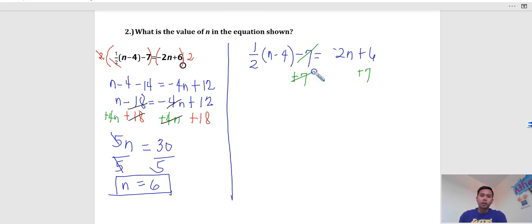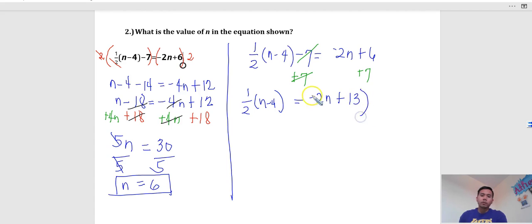Of course, this will be canceled out. So what will happen is we have 1/2 n minus 4 is equal to negative 2n plus 13.